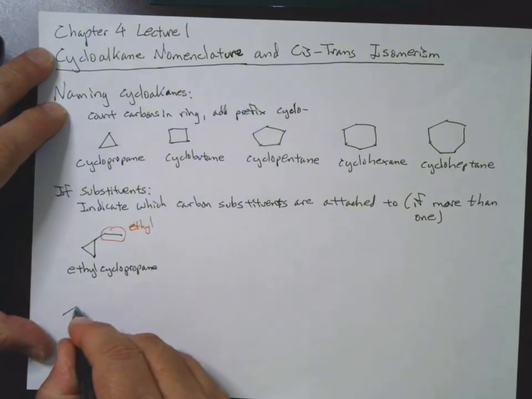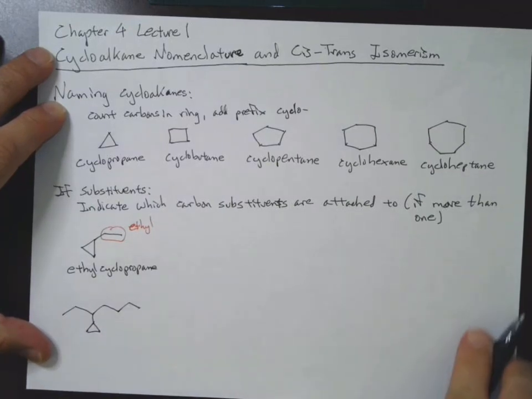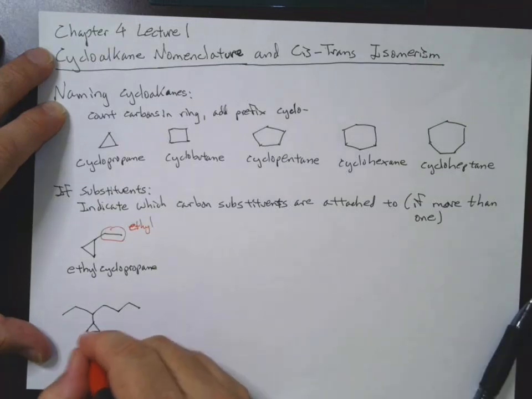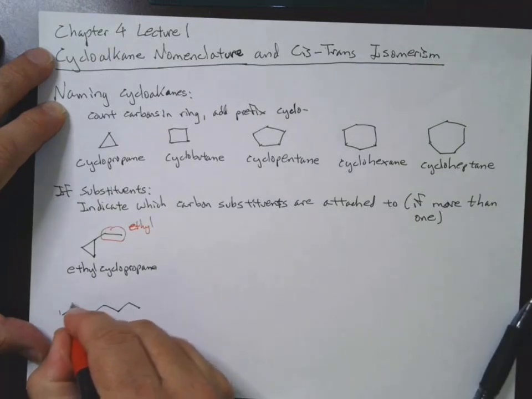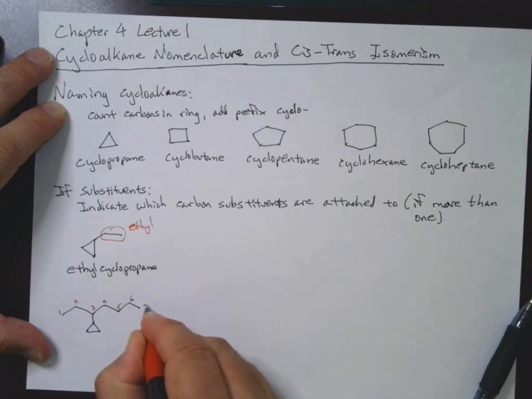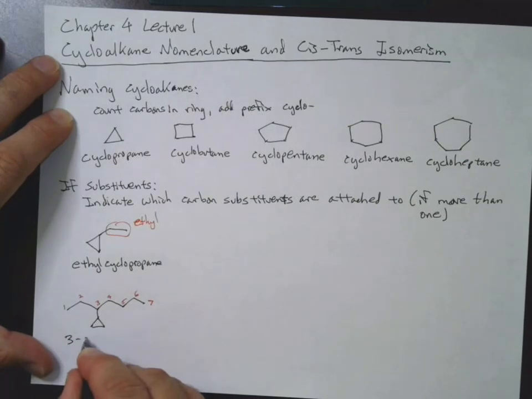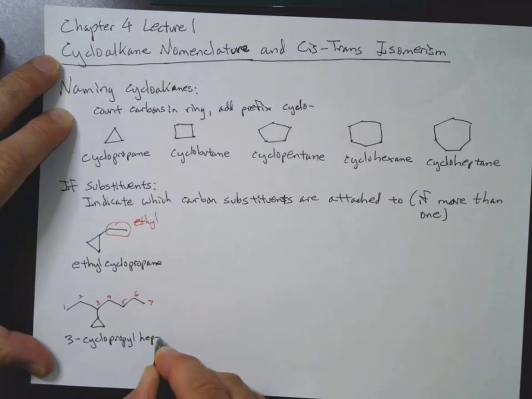So if you had 1, 2, 3, 4, 5, 6, 7 carbons with a cyclopropane group here, this would be 3-cyclopropylheptane.